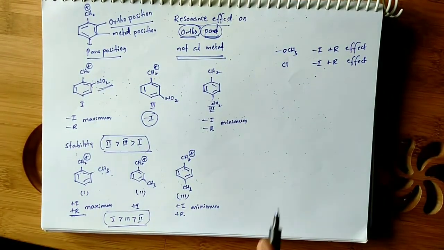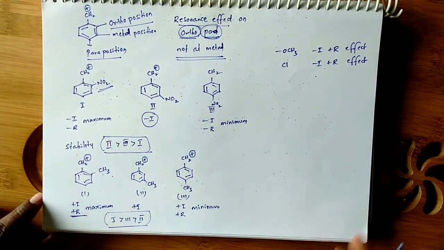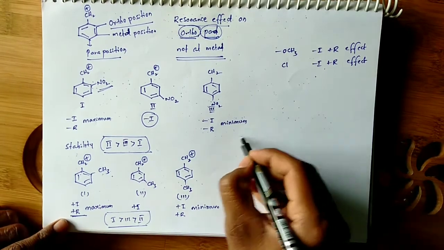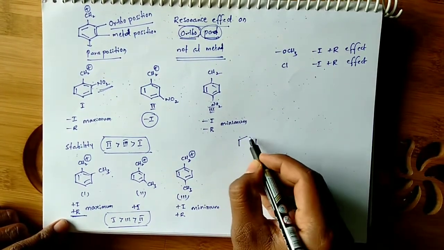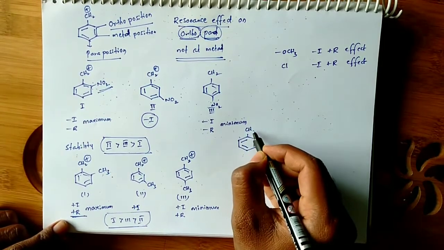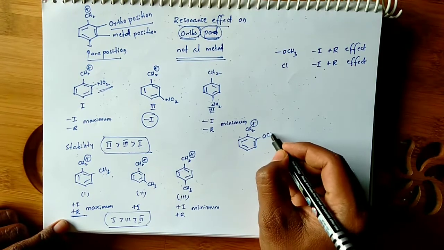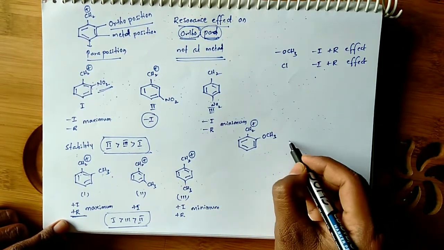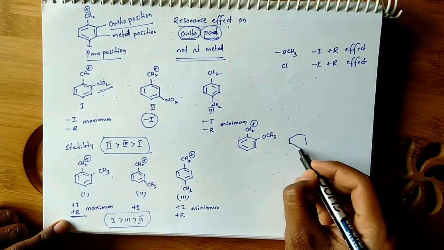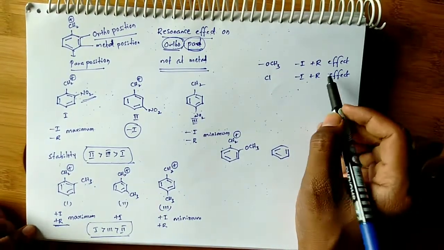If this group is present on the benzyl carbocation, how will the stability be? Let us see. I am taking a methoxy group on the benzyl carbocation at the ortho position. The methoxy group is the minus I plus R group.